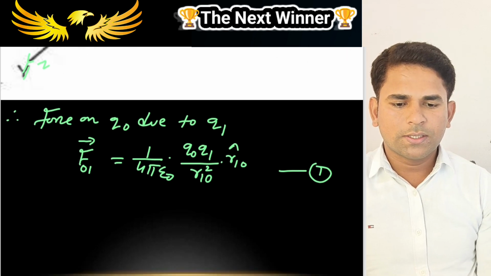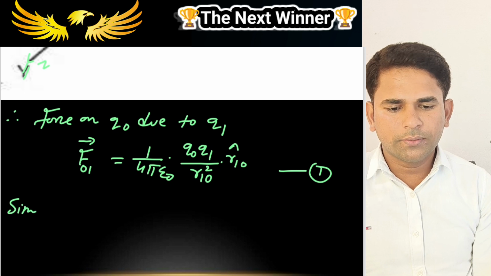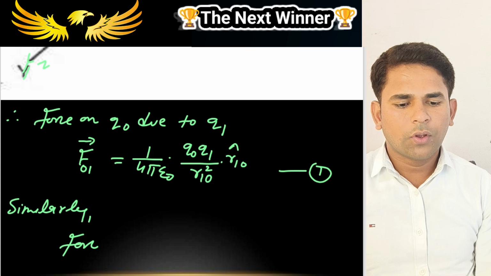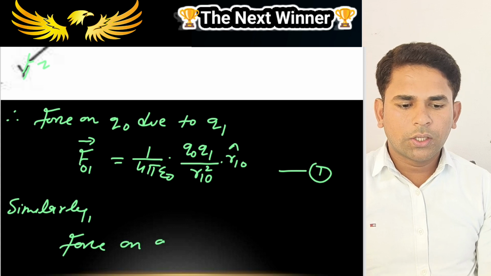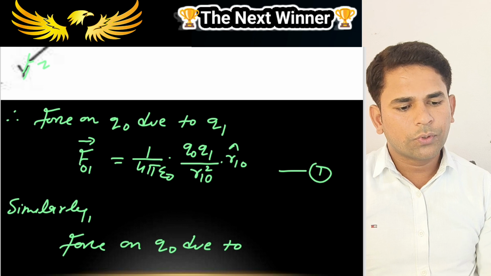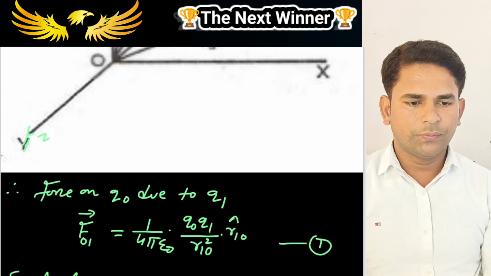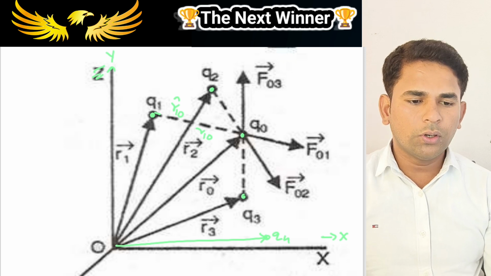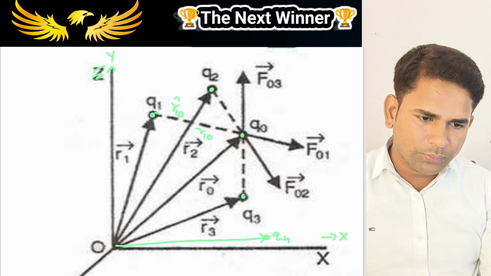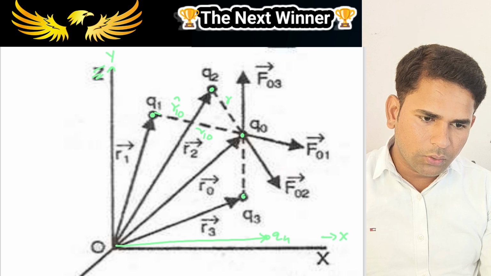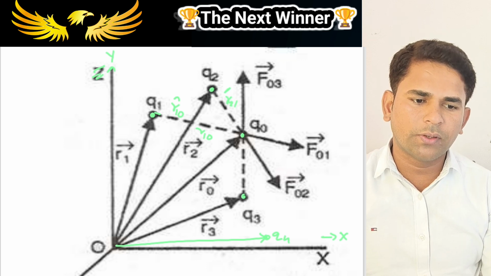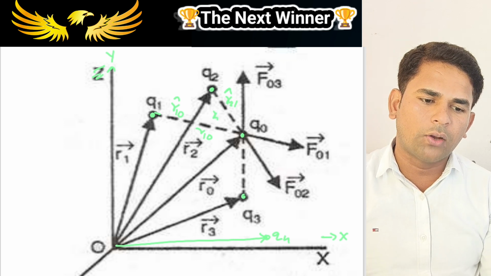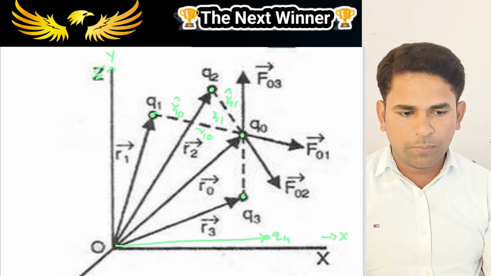Understood now? Similarly, the force on q0 due to q2. Which distance will you take? You will take this one, r20, and the unit vector r20 cap, because this force is applied in this direction.